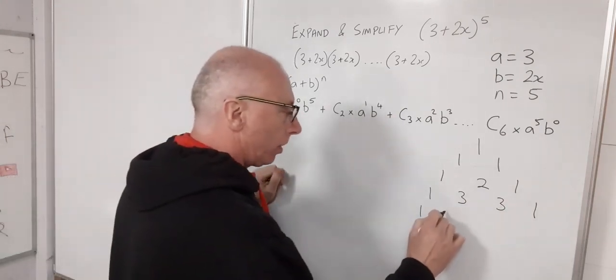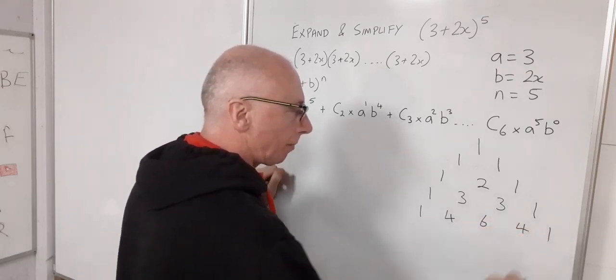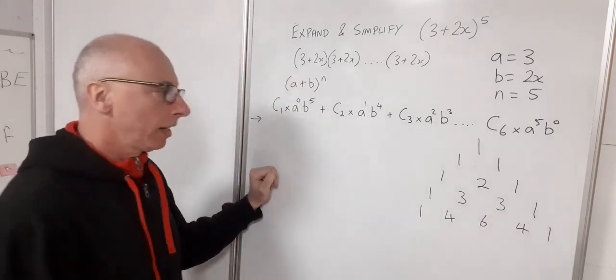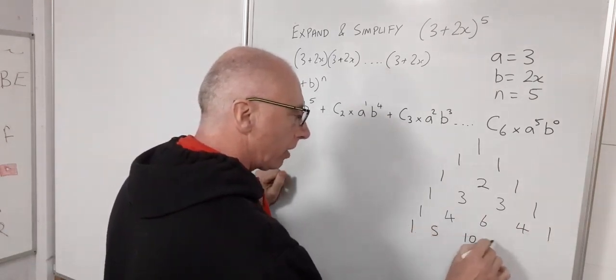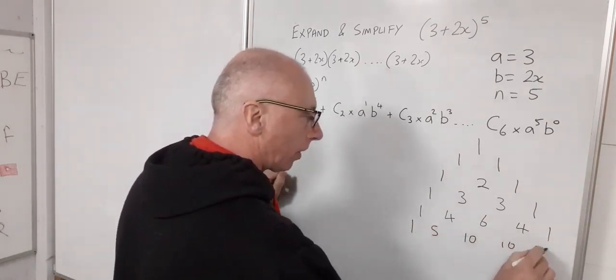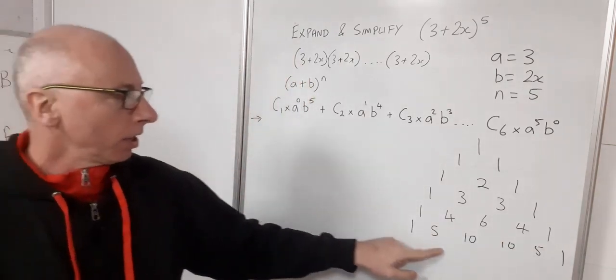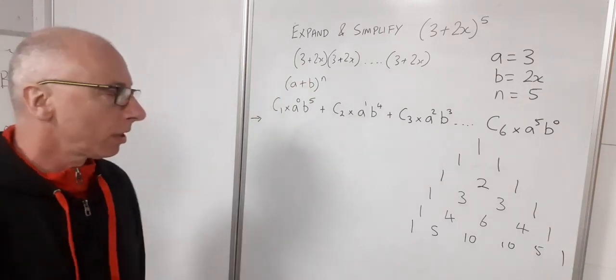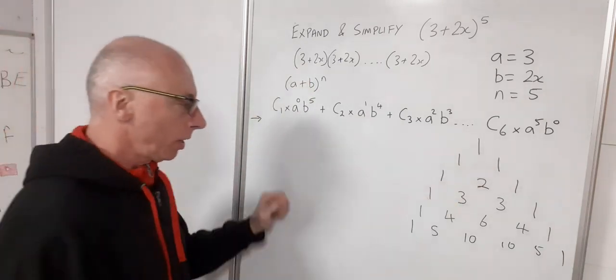So now we've got 1, 4, 6, 4 and 1. And then the last line that we need for this question, 1, 5, 10, 10, 5 and 1. And then you'll notice along here there is 6 numbers. They will correspond to our 6 coefficients that we need.